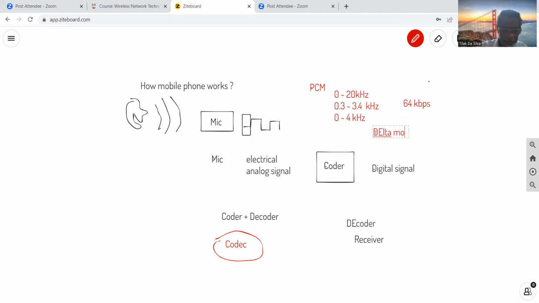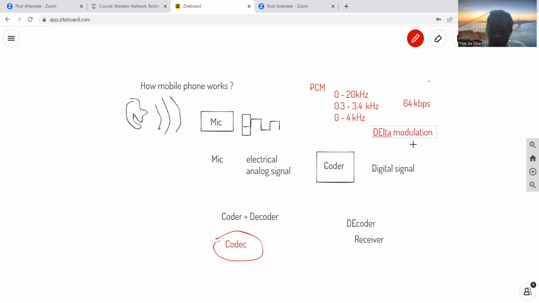It converts the voice signal to digital signal at a rate of 32 kilobit per second.